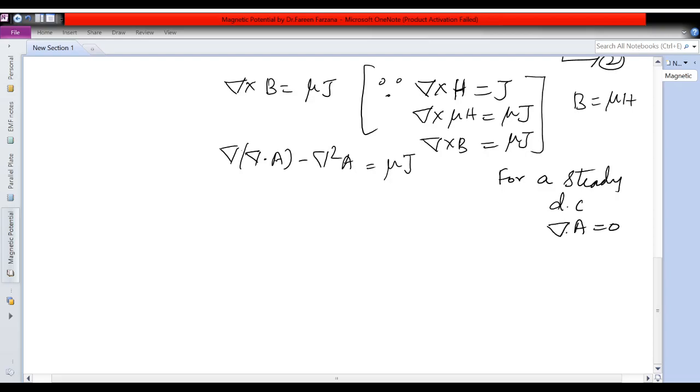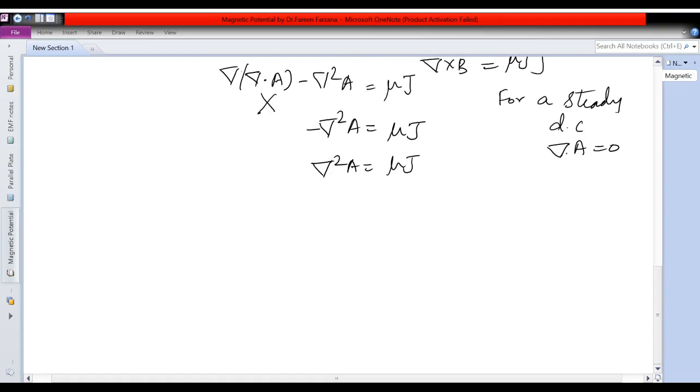What does this mean? If the current is a direct value which does not vary with time, then del dot A is equal to 0. So this is going to be 0. So my equation reduces to minus del square A is equal to mu into J, or del square A is equal to minus mu J.